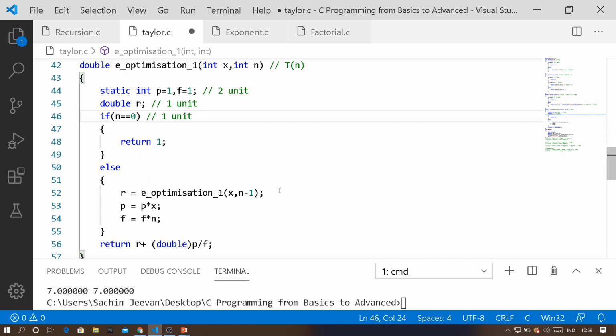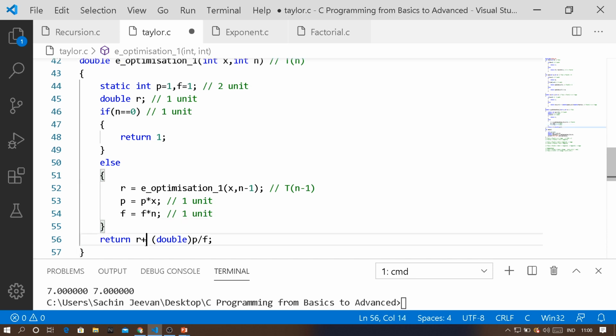If e_optimization_1 of x comma n is called t of n, then this call can be called t of n minus 1. Then there is a single multiplication, which is 1 unit of time. Here one more multiplication is taking place, so again 1 unit.